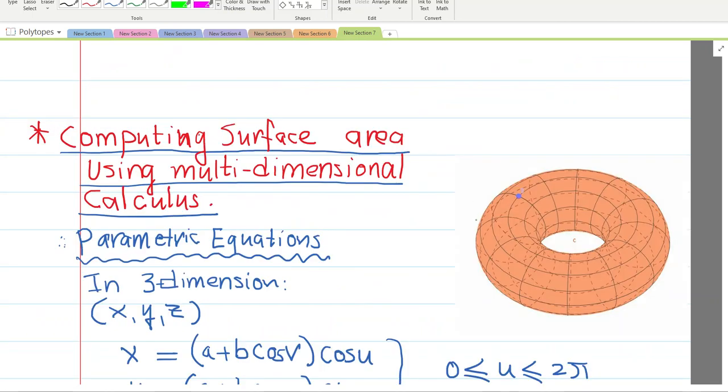Okay, so in the second part of this video, we are going to compute the surface area of this torus using multidimensional calculus.